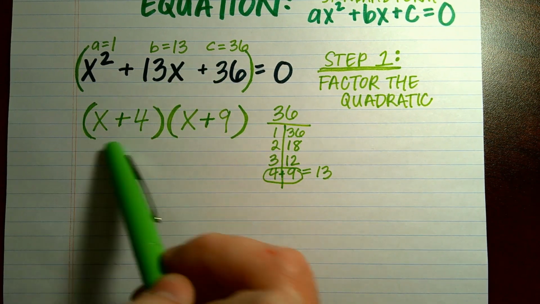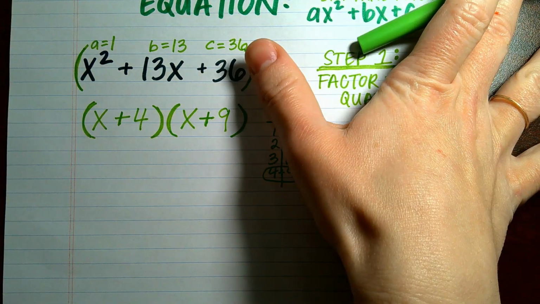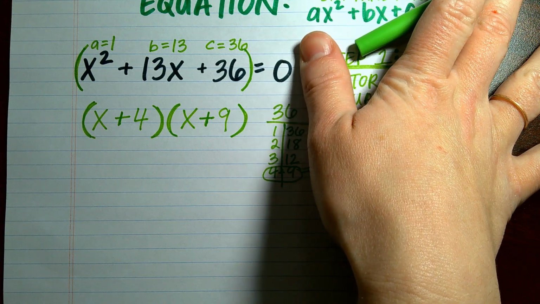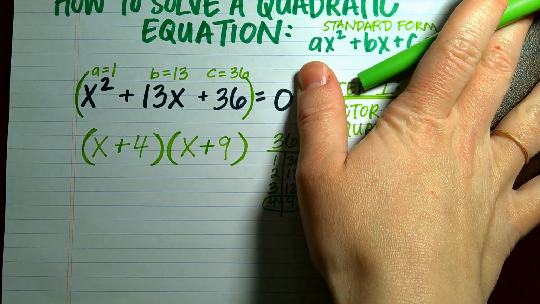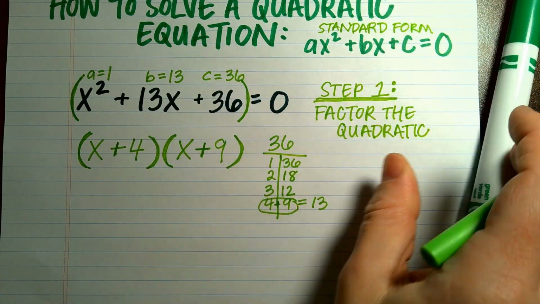Now, instead of this just being our answer, we have another step to do, because we didn't have just a quadratic expression. Now it's equal to 0, so we have an equation. When there's an equal sign, that's what makes it an equation.